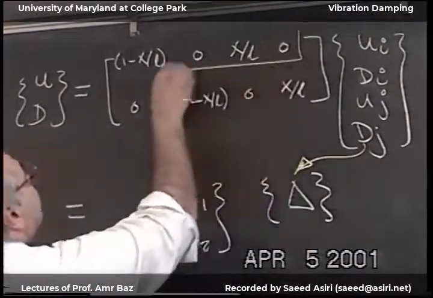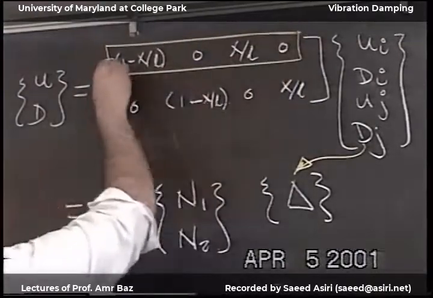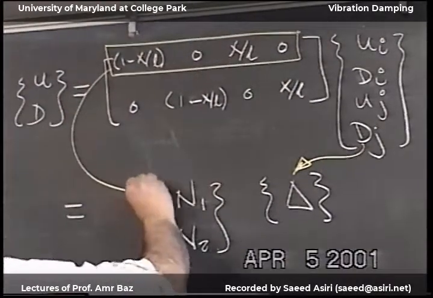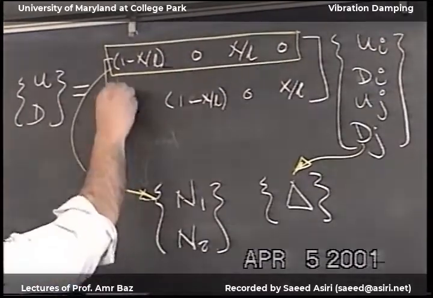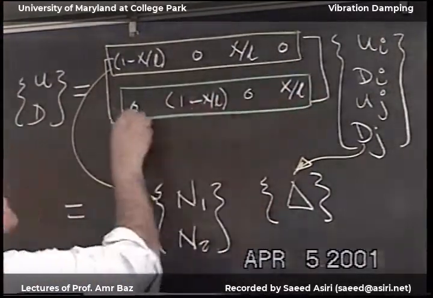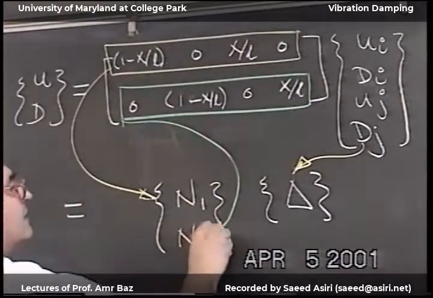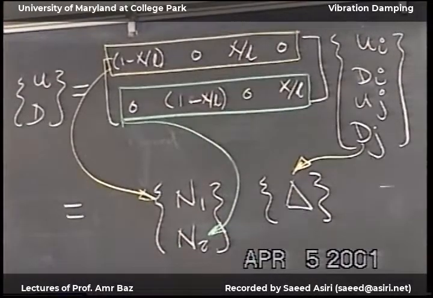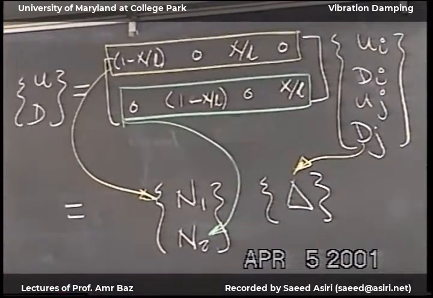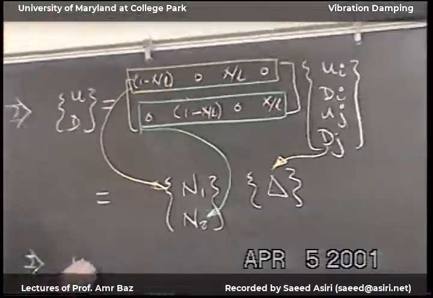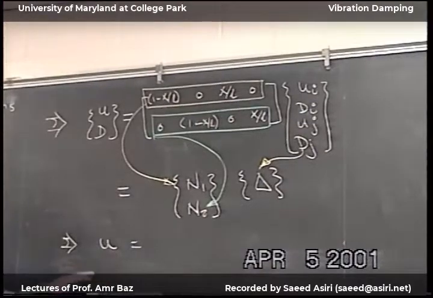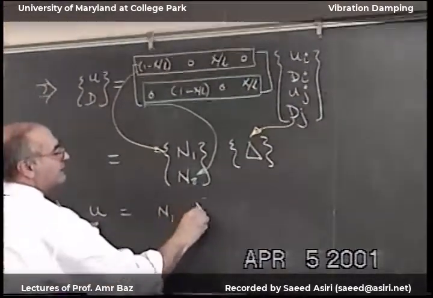This first vector is my N1. The second vector is my N2. So now, in general, whenever I have u, I can replace u by N1 and delta.